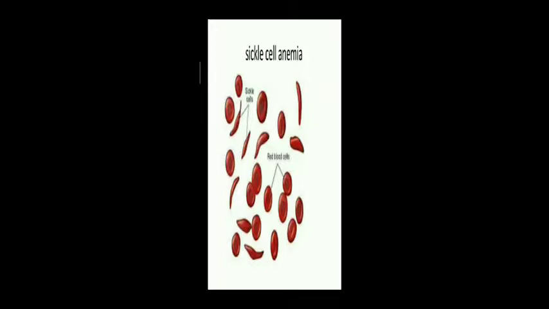The amino acid composition of the relevant portion of the beta chain of hemoglobin in a normal individual is shown. It is caused by the substitution of glutamic acid by valine at the 6th position of the beta globin chain of the hemoglobin molecule.